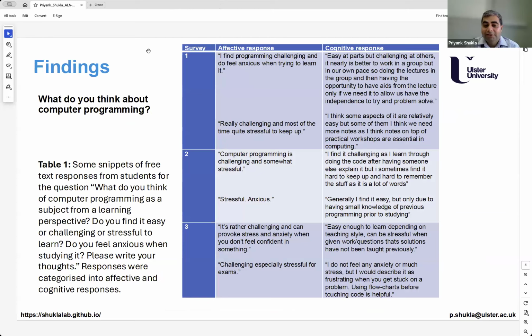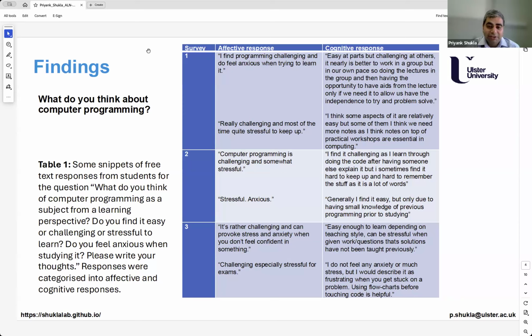So affective here is basically when they are just talking about feeling anxious, difficulty and stress, but without any comment around the cognitive nature of the learning and why they feel it is difficult and what could be done. So we divided those responses into two groups, affective and cognitive.